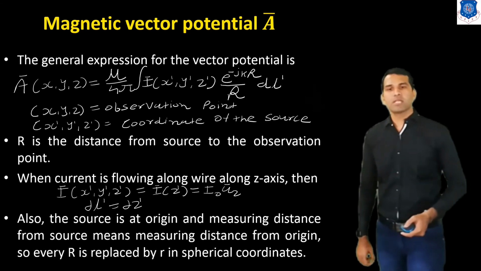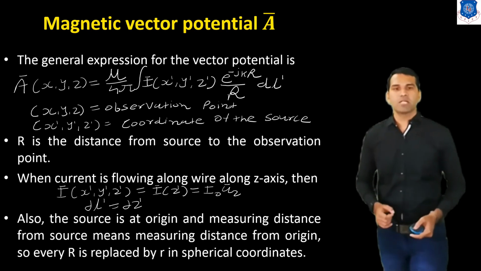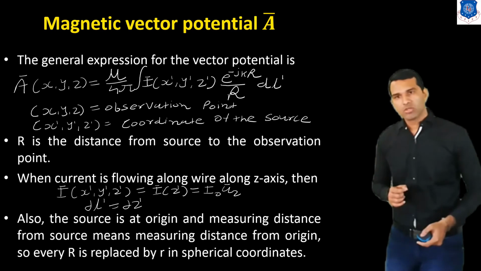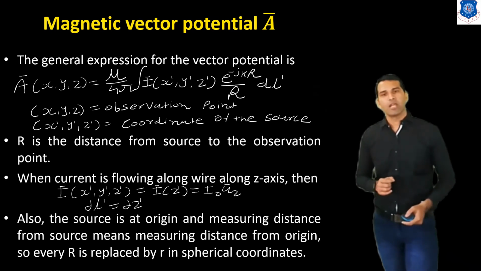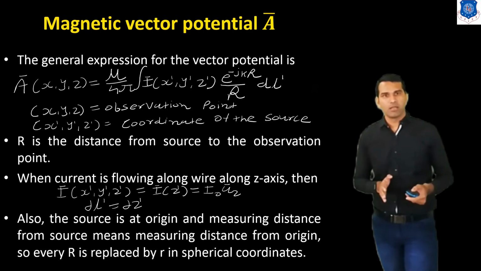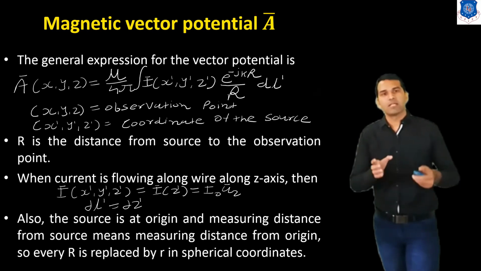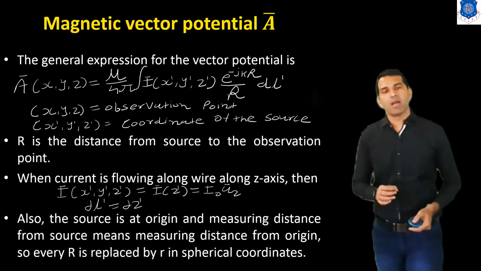Also, the source is at the origin and we measure the distance from the origin, so R is replaced by r in the spherical coordinate system. We have assumed the antenna is placed at the origin, so that is why we replace the capital R by the small r.